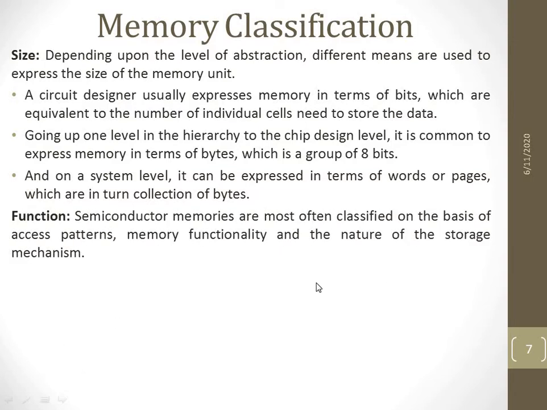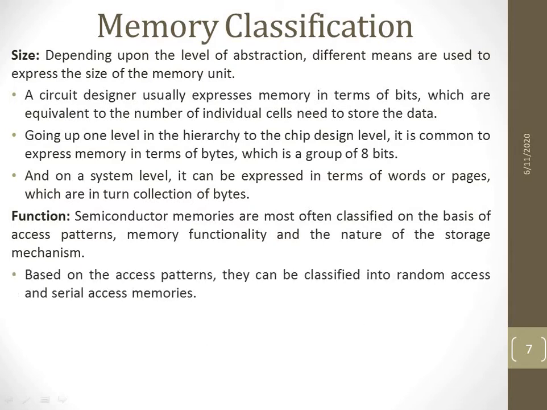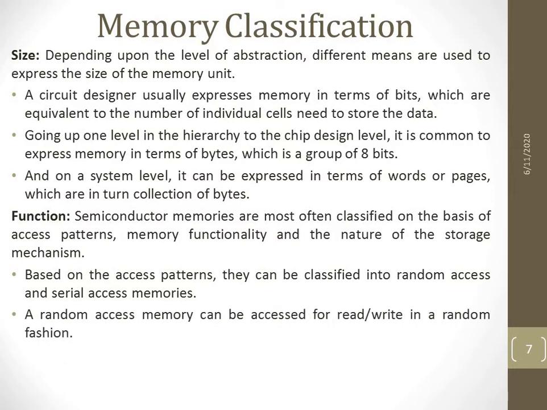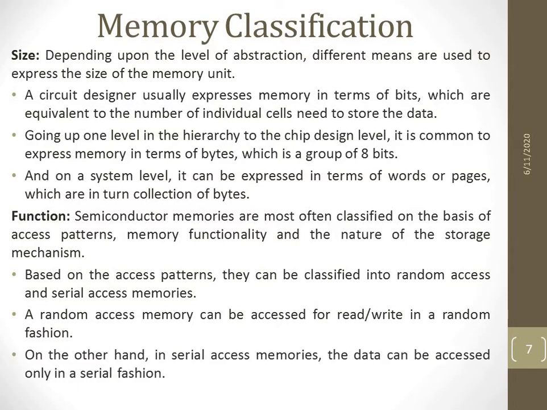Next, based on function, semiconductor memories are most often classified on the basis of access patterns, memory functionality, and the nature of the storage mechanism. Based on access patterns, they can be classified into random and serial access. Random access memory can be accessed for read and write in random fashion.